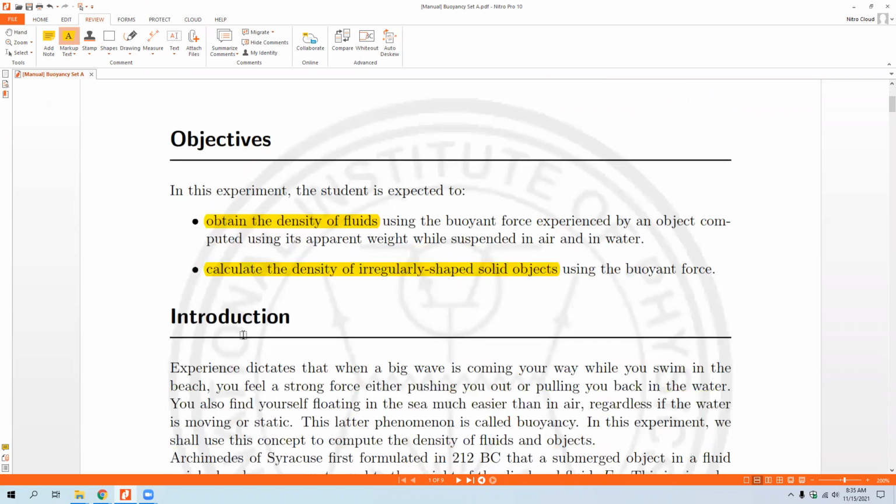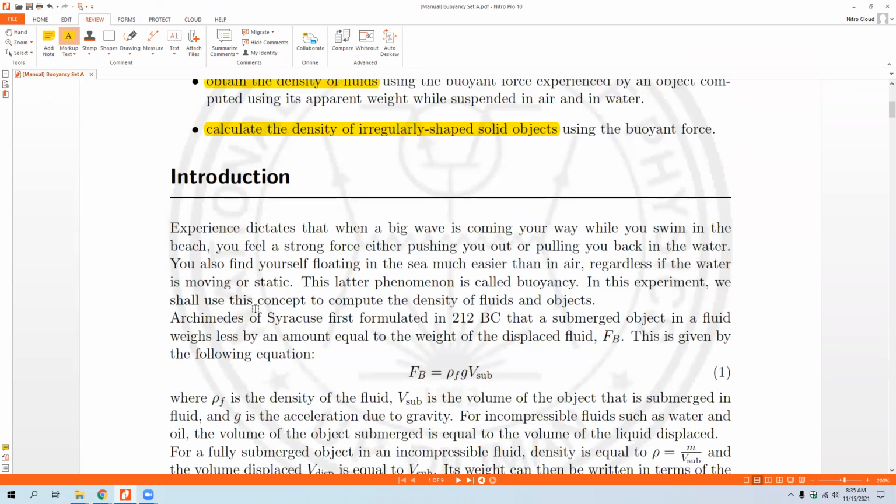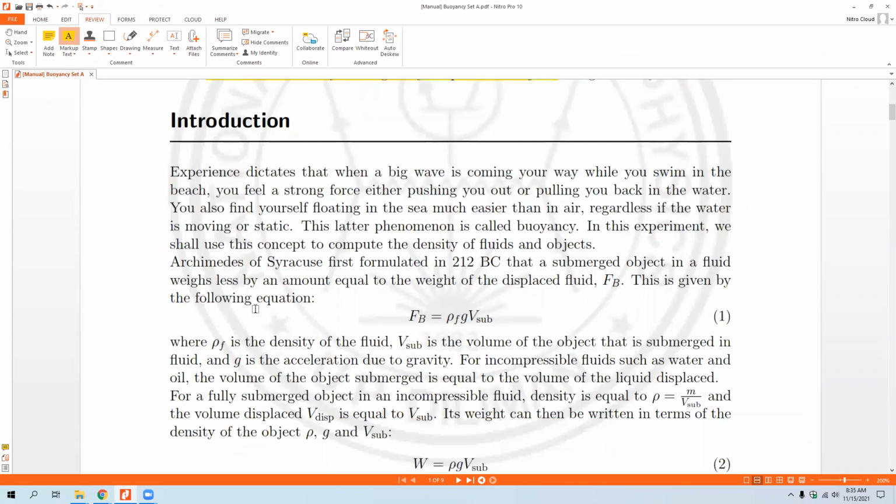So let's discuss a little bit of a background on the experiment's concepts. So experience dictates that when a big wave is coming your way while you swim on the beach, you feel a strong force either pushing you or pulling you back in the water. You also find yourself floating in the sea much easier than in the air.